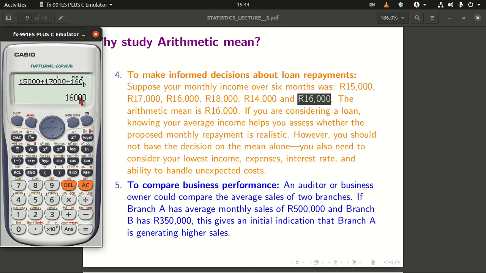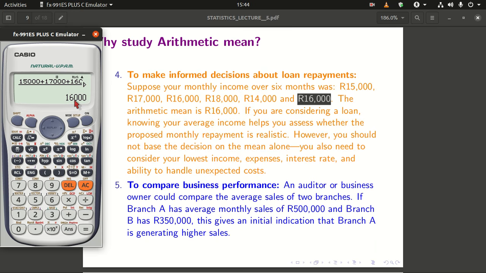What does this mean? If let's say you're making this money, it is actually giving you a reference point of, okay, how much can I afford, because I'm making on average this amount of money. Now, how much can I afford to actually pay on a loan? Of course, there are other factors that you have to look at.